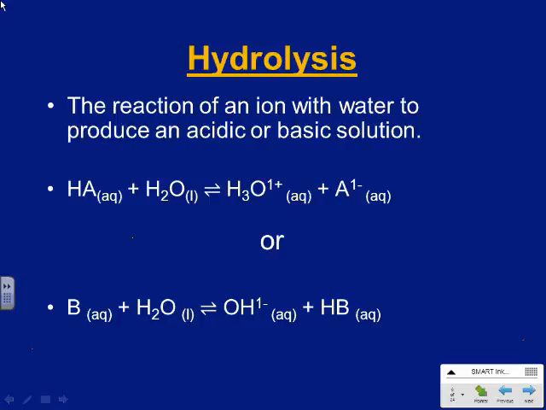I talked to you about a reaction that happens between the weak acid in water and the weak base in water. But I didn't give it a name. I just called it a Bronsted-Lowry acid-base reaction. There is a technical name for this little reaction, and it's called hydrolysis.